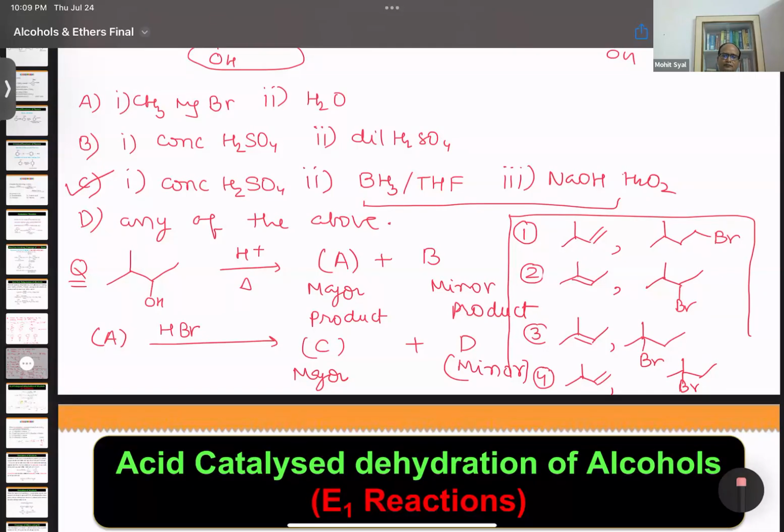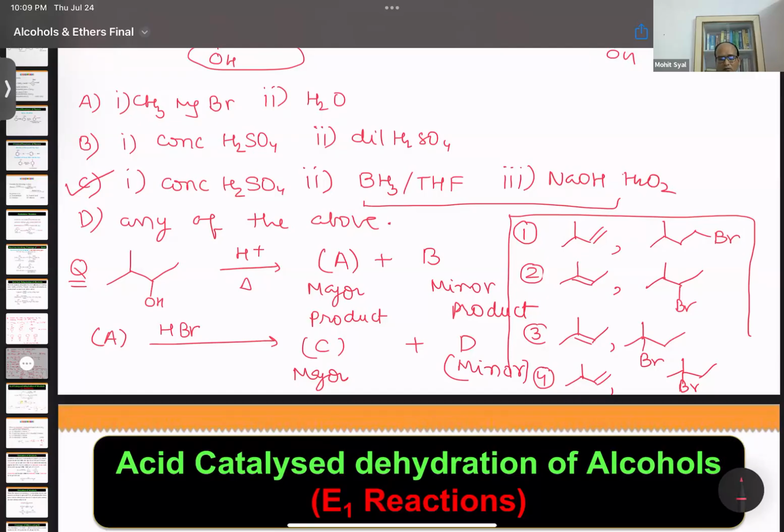Is this clear? Yes, Jasleen. So tell me, are you going to go for first and fourth option or second or third option?